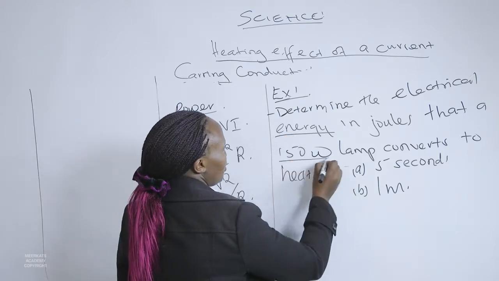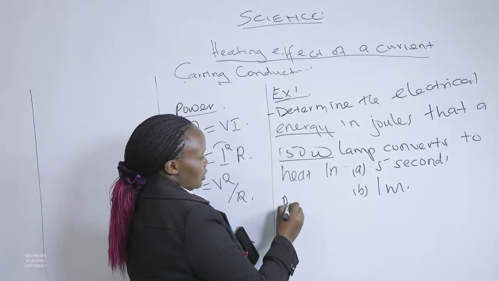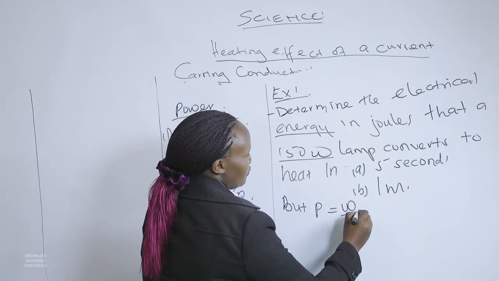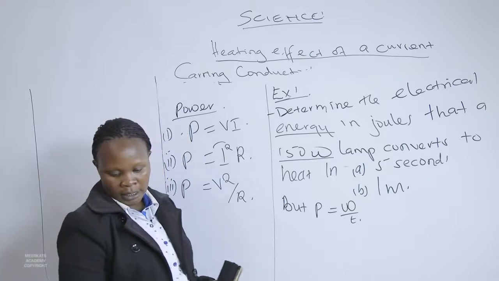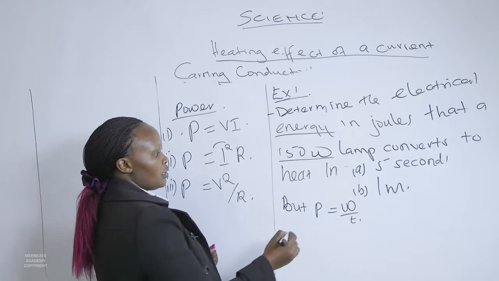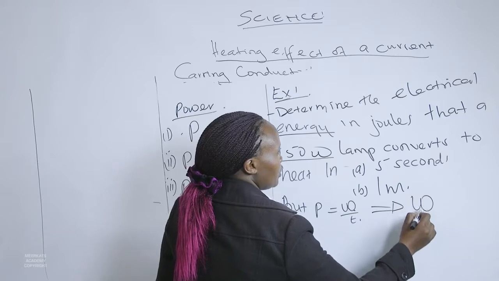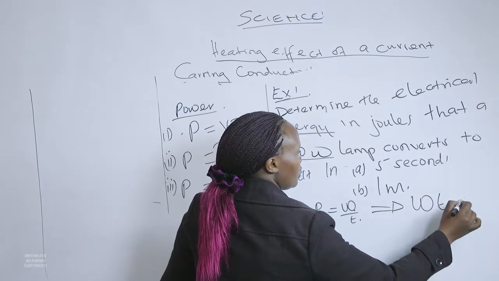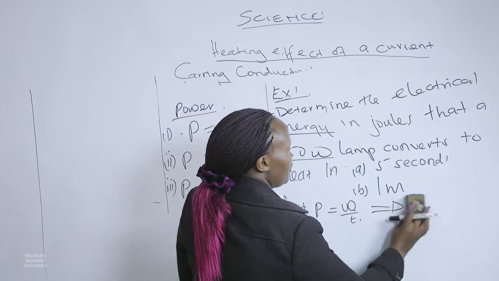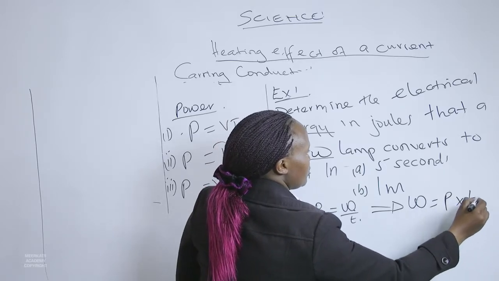We have been given the power, we have been given the time, but power is given by work divided by time. Therefore, if you want the work, making it the subject of the formula, work is given by power times time.